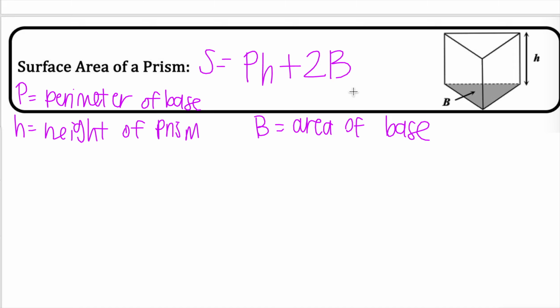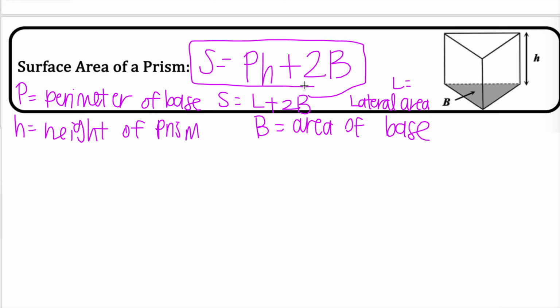You might also see that surface area can be equal to L plus 2B, where L is just the lateral surface area, so that's just going to be your perimeter of the base times the height again. So L is for lateral area. But typically we are using this one and just sticking with that.